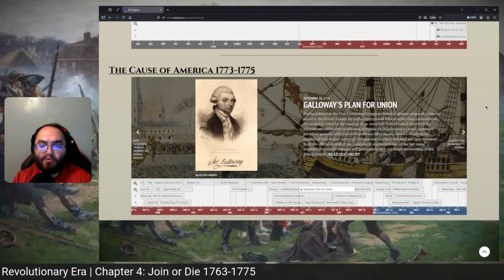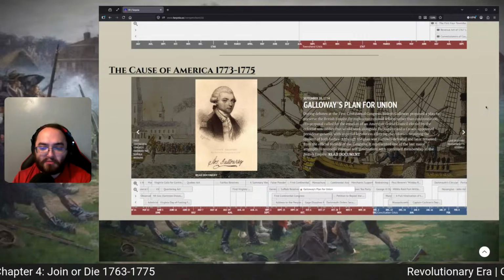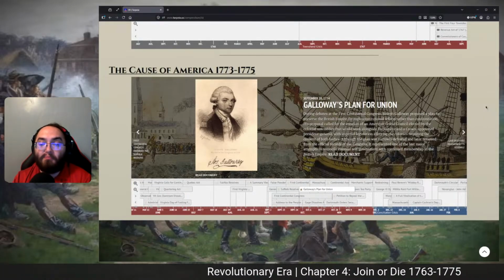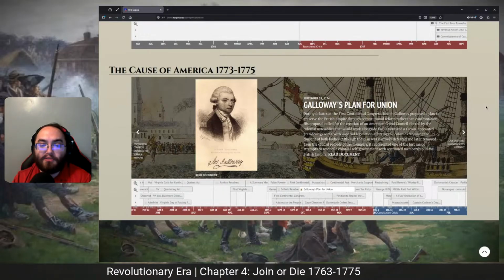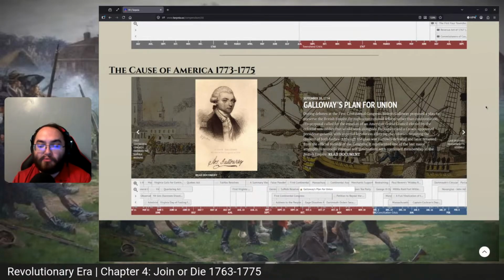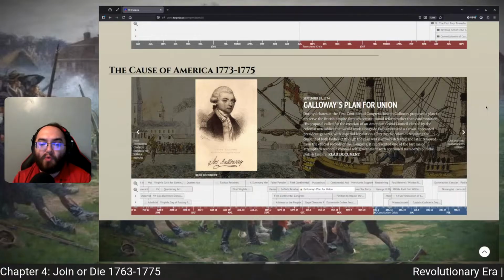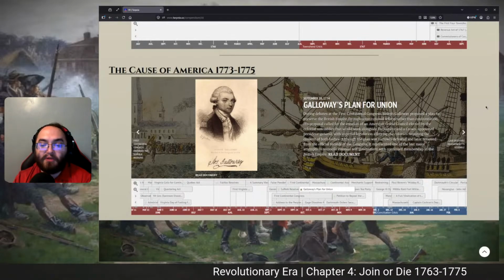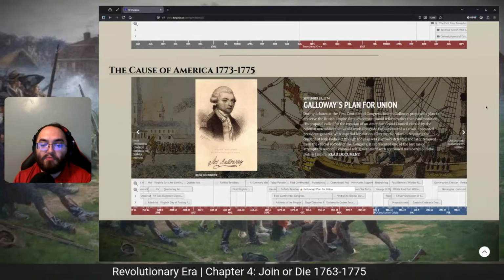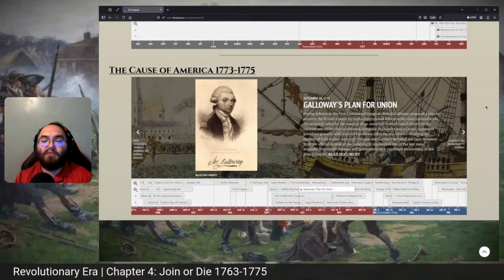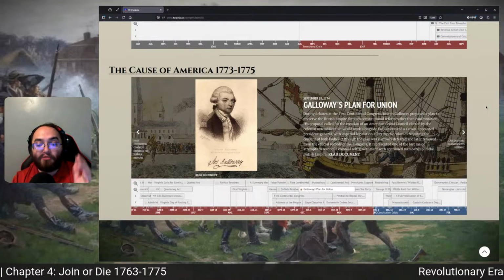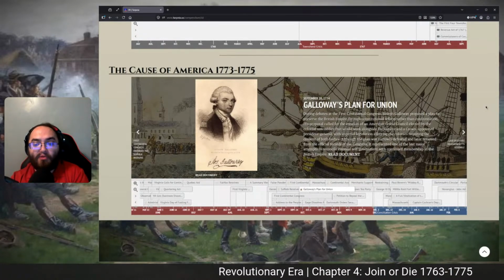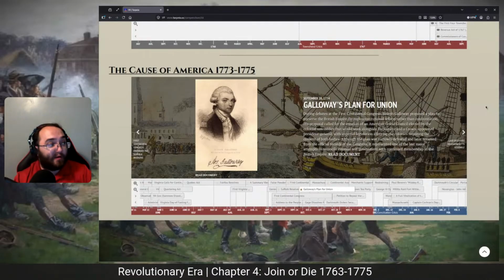His proposal called for the creation of an American Grand Council elected by the colonial assemblies that would work alongside Parliament and the Crown, with an appointed President General, with imperial legislation affecting the colonies requiring the consent of both bodies. Although the plan was narrowly defeated and later removed from the official records of the Congress, it represented one of the last major attempts to reconcile colonial self-government with continued membership in the British Empire.